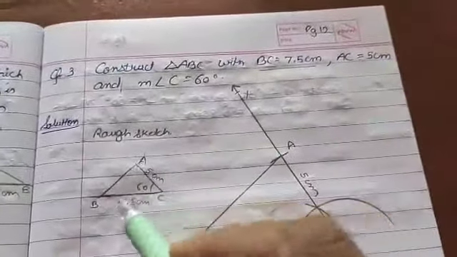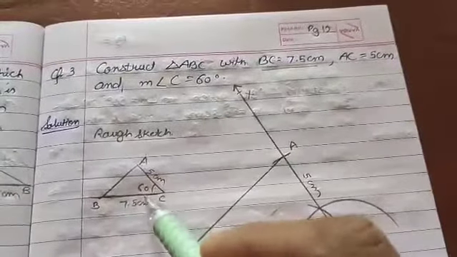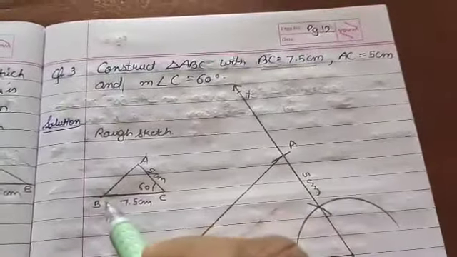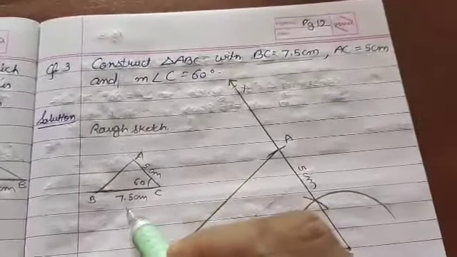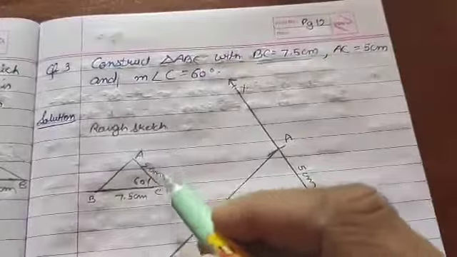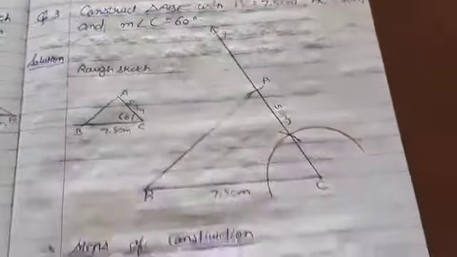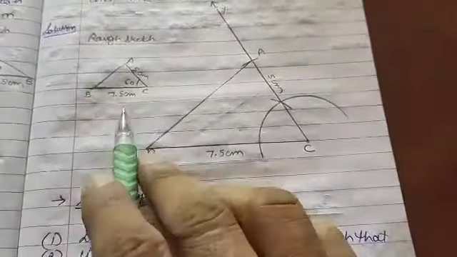You can take AC also as a base, but I have taken BC so it will be easy for you to construct. Then A will come over here. BC is 7.5 cm, AC is 5 cm and angle C is 60 degrees.